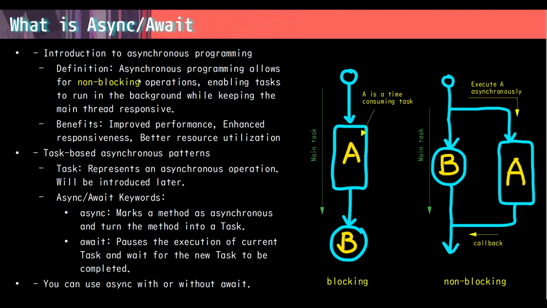So now you understand what non-blocking means, right? Non-blocking means we can execute some tasks in parallel, not in concurrent style. Okay, great. If you can understand, then we can temporarily skip all the content over here.